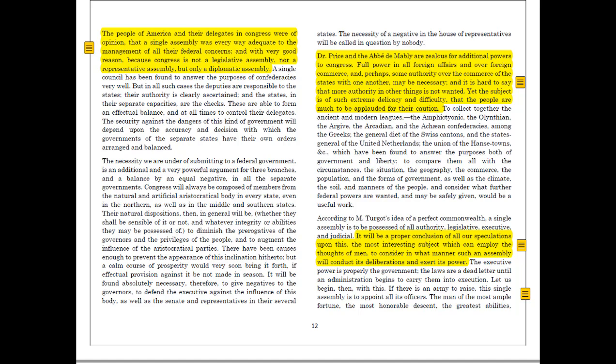In all these ways, the Continental Congress is not sovereign, and that's what Adams means here when he says it's not a legislative assembly, nor is it a representative assembly. It's only a diplomatic assembly. So think of like a NATO council of different European nations in America all coming together. They represent sovereign nations.